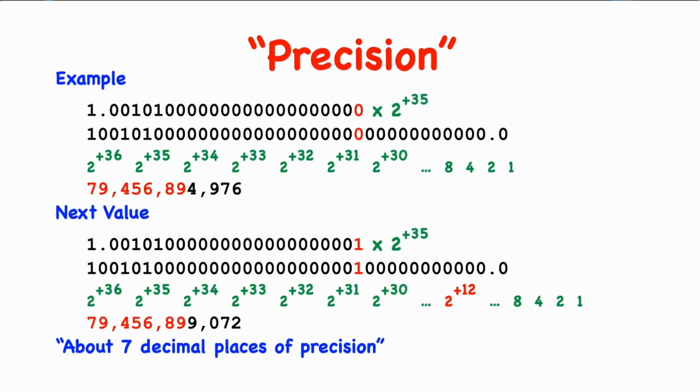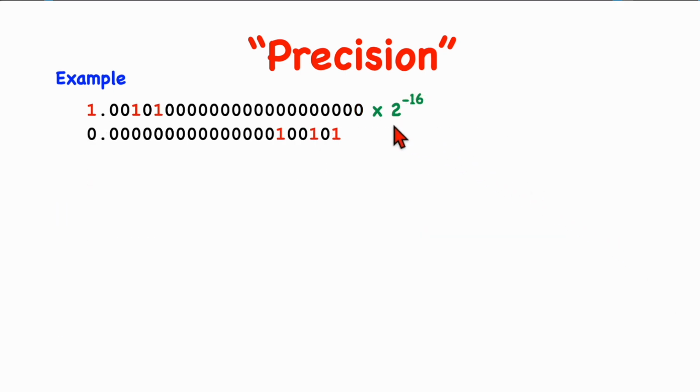We see that for very large numbers, the gap between successive values is very large. And with very small numbers, the gap between successive values is very small. So now let's take a look at a very small floating point number. Again, it's single precision, and we have a negative exponent. And if we shift our binary point to the left 16 places, we have this value right here.